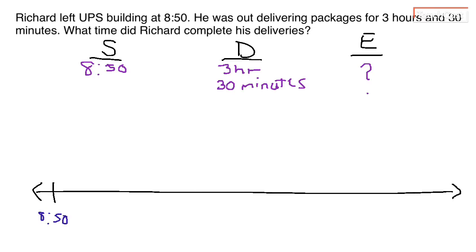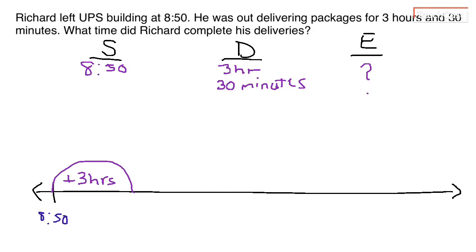We know that he took 3 hours and then 30 minutes. So when we have our 3 hours, we can make one big jump and do plus 3 hours. Or you can make your 3 jumps and put 1 for each hour.